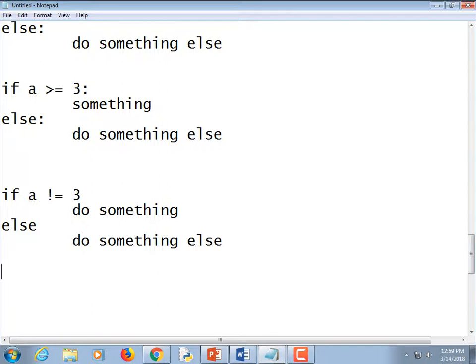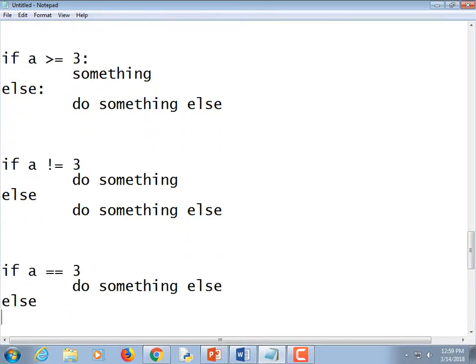Well, because we could rewrite it like this. If A is equal to 3, do something else, else do something. Instead of saying do something and then do something else, I'm going to make that do something 1 or do something 2. And, same logic here. We've written the opposite, so we're going to do them.